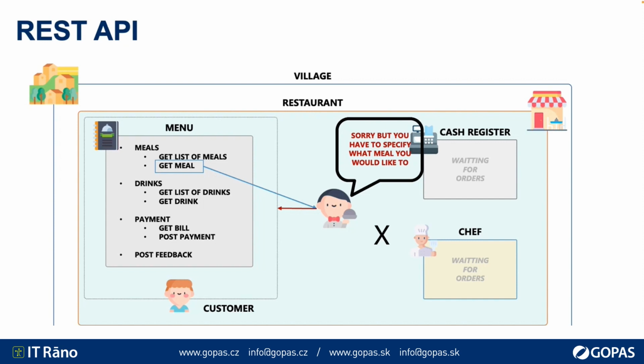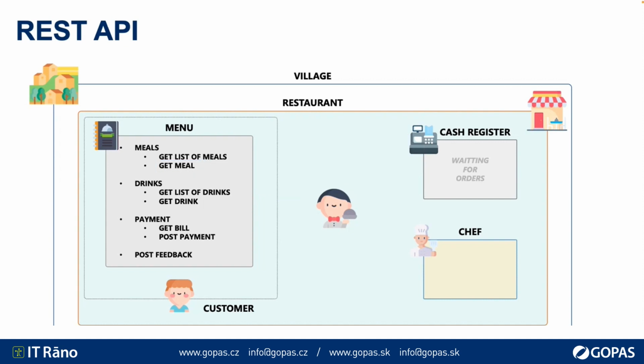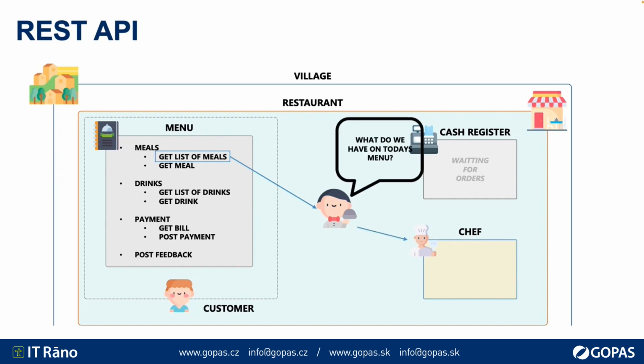So let me try it once again. And for now, don't ask to get a meal, but get a list of meals. API, can you get me a list of meals? Yeah, of course. And he will run to the chef and ask him what they have on the menu for today.